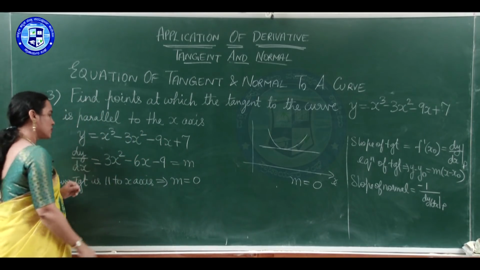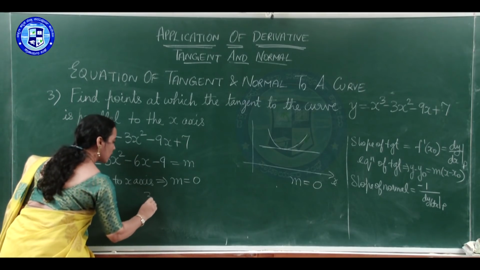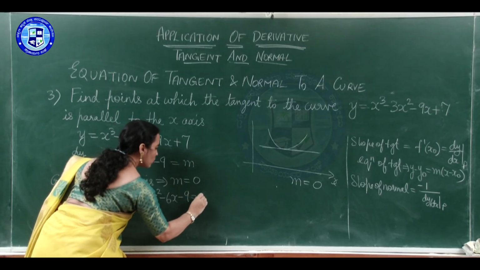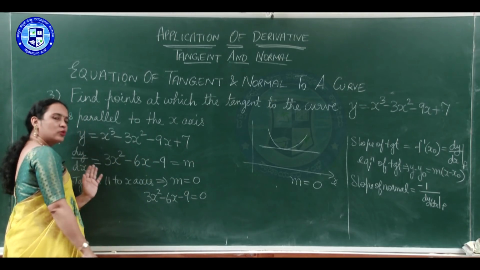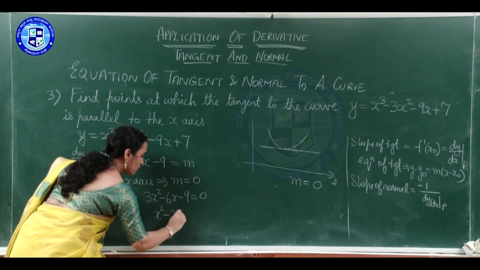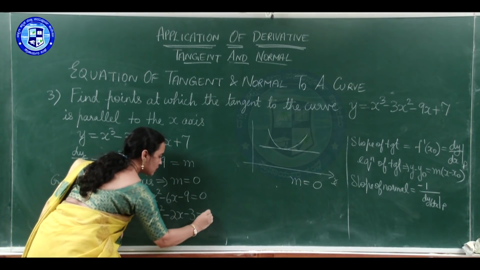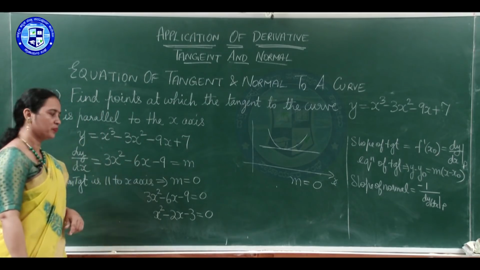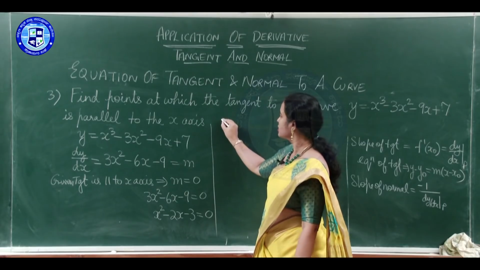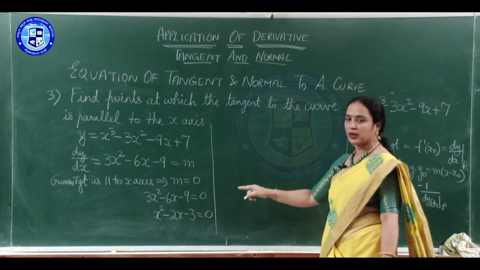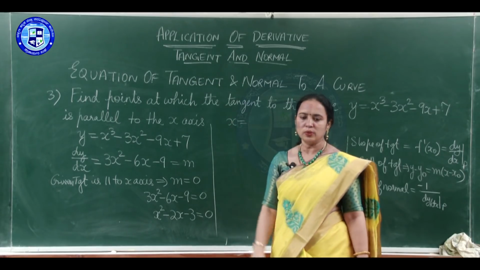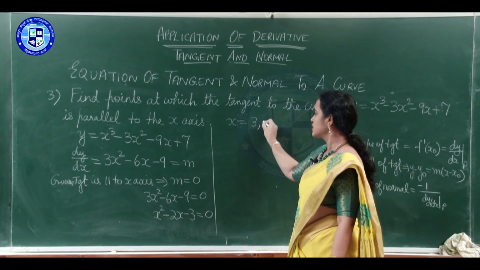So here what is the slope? 3x square minus 6x minus 9 will be equal to 0. Throughout, divide by 3, you will be getting x square minus 2x minus 3 is equal to 0. Split the middle term. So minus 3 you have to split it in such a way that you get minus 2. So you will be getting x is equal to 3 comma minus 1.